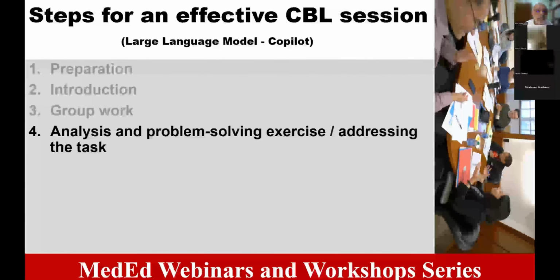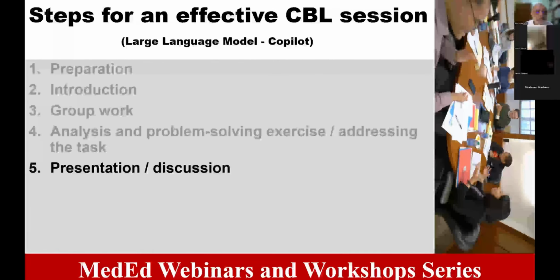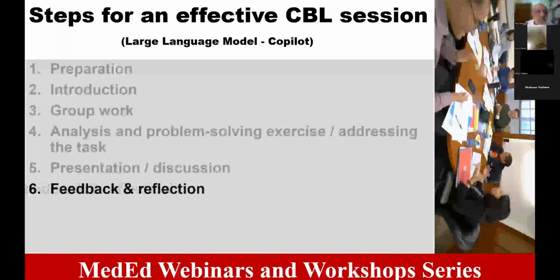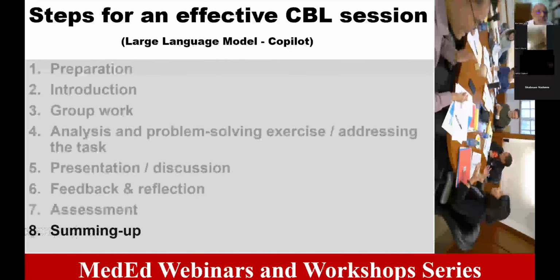Fourth is analysis and problem solving, or addressing the task. Fifth is presentation and discussion. Sixth is feedback and reflection. Seventh is assessment. And eighth is summing up. So the 8 steps of conducting an effective CBL session.